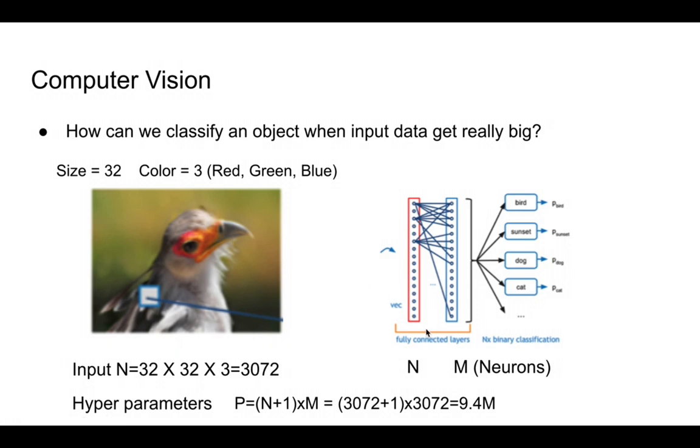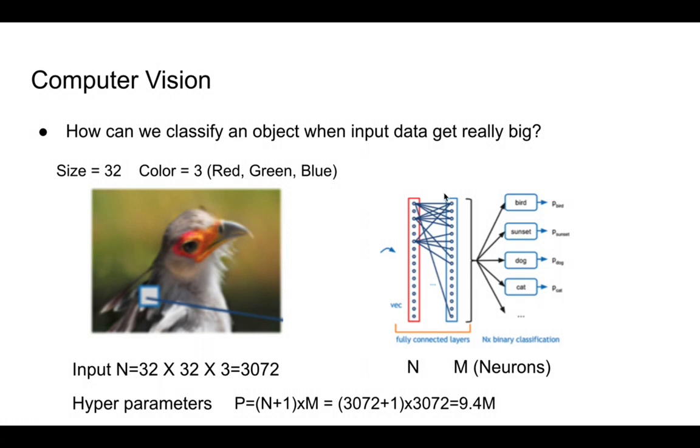We can build a classifier using a fully connected network, trying to classify this image as a bird, a sunset, a dog, a cat, or vice versa. This is a multi-classification problem. However, this can become a really difficult problem. The input size is n. In the next layer, the number of neurons is m.